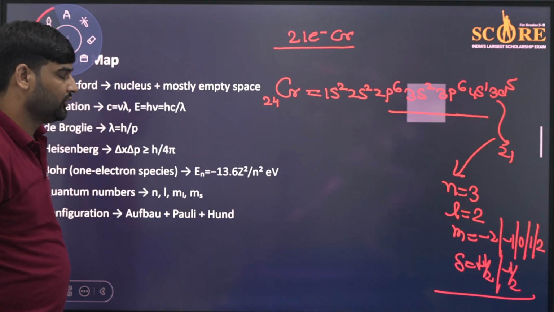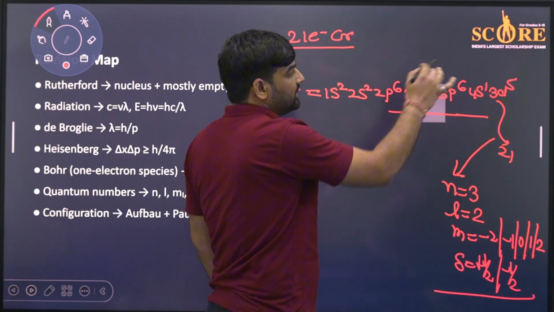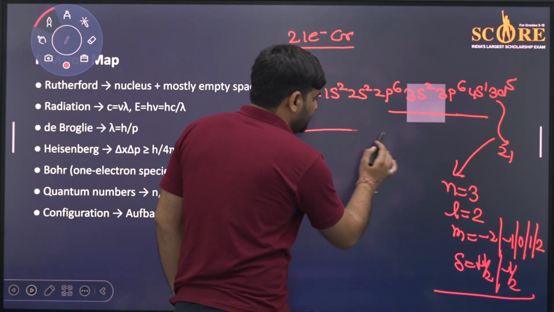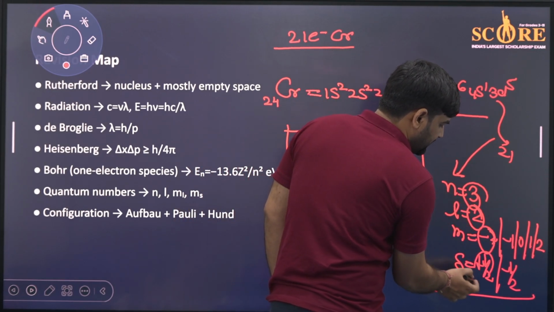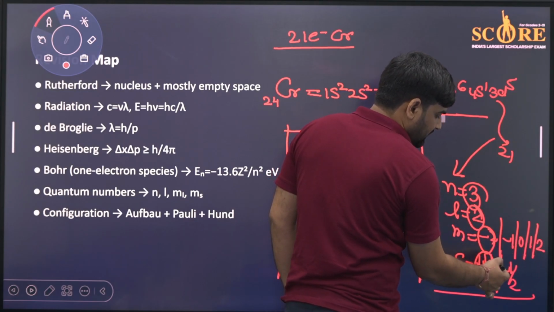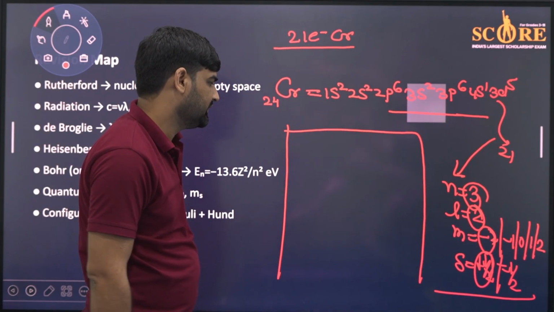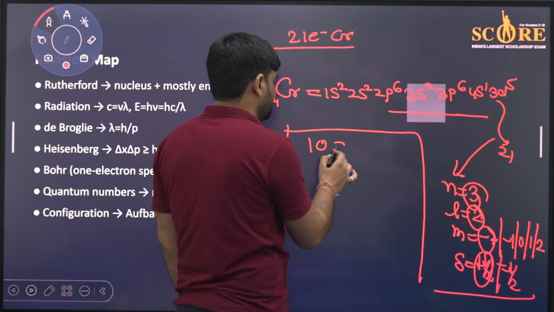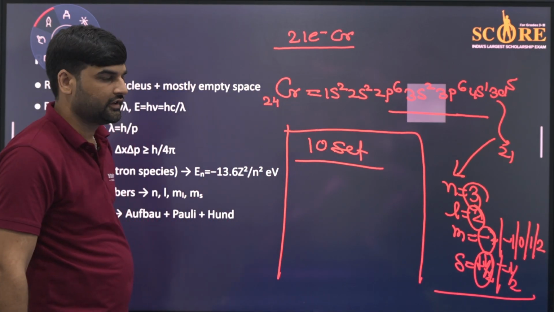So the total number of possible sets of quantum numbers for the 21st electron: 5 sets for M, multiplied by 2 because we have S +½ and -½. So the total possible sets is 10. Okay.